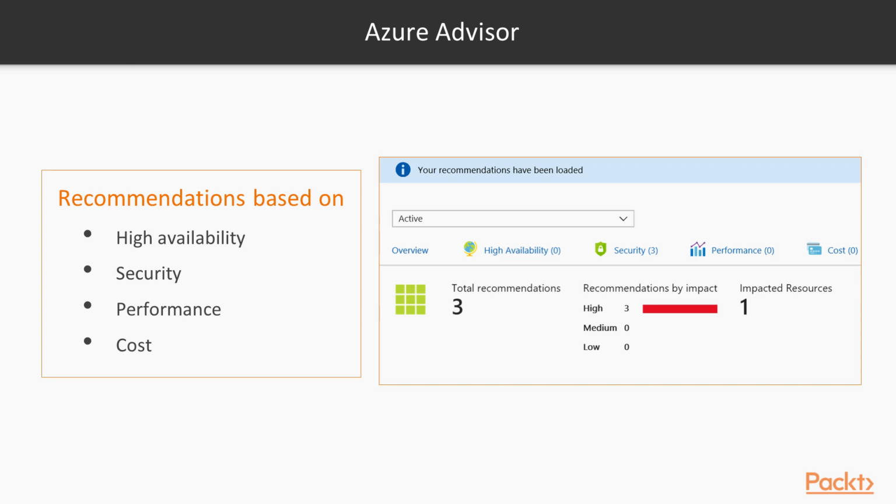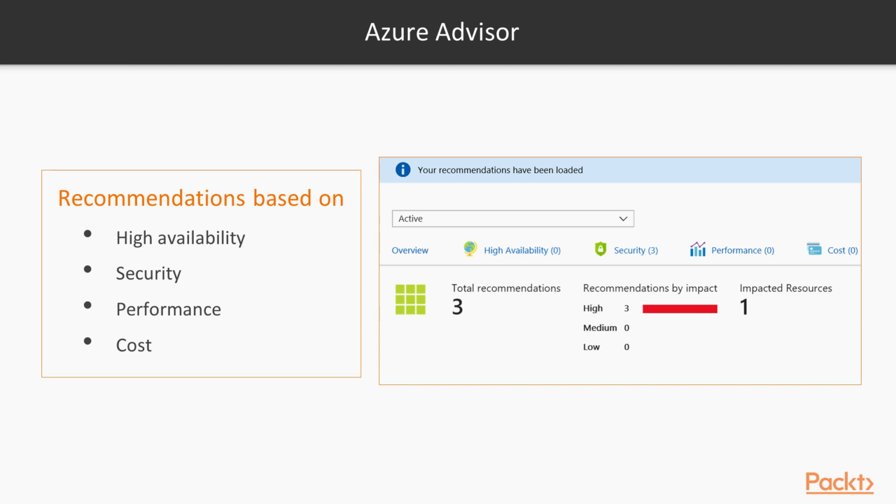That leaves me with another built-in tool, Azure Advisor, giving you recommendations for your specific subscription based on high availability, security, performance, and cost, where it's going to map it with Microsoft best practices. Like high availability, if you deploy a standalone virtual machine, it will recommend you to move to, for example, an availability set.